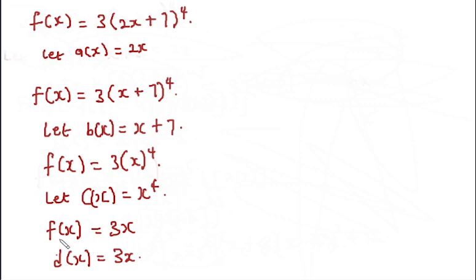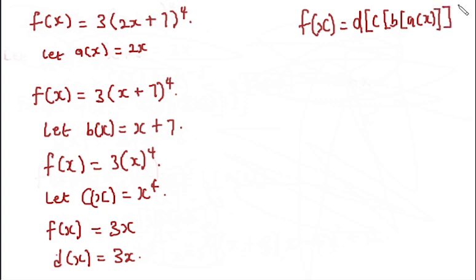So to represent f of x in its component form, we can say f of x is d composed of c composed of b composed of a of x. Okay, so that's how to solve decomposition of a function problems.